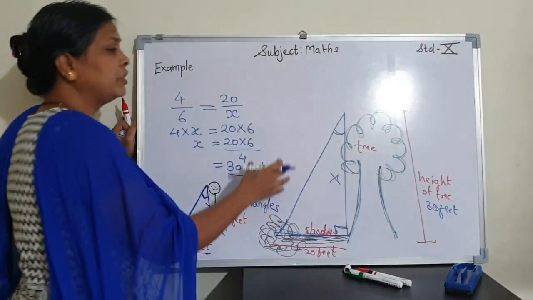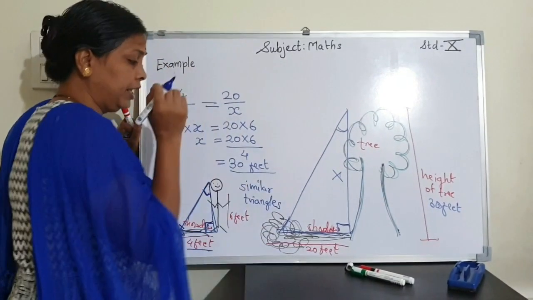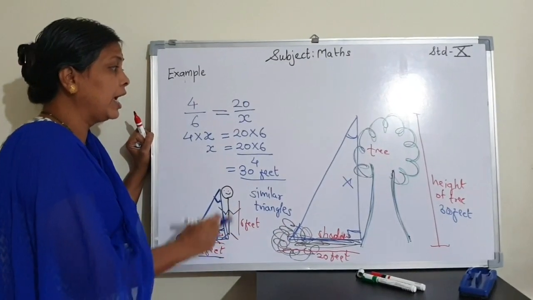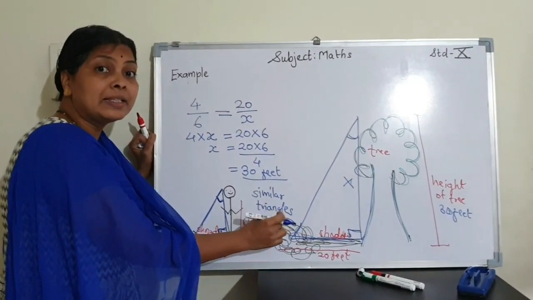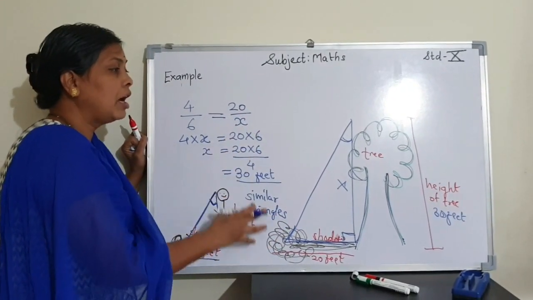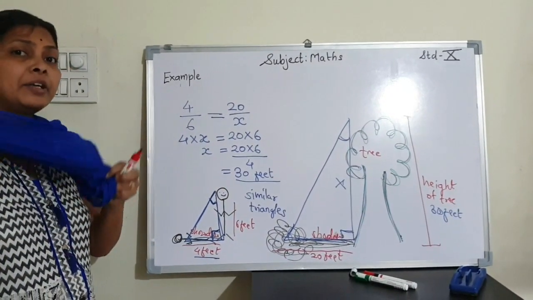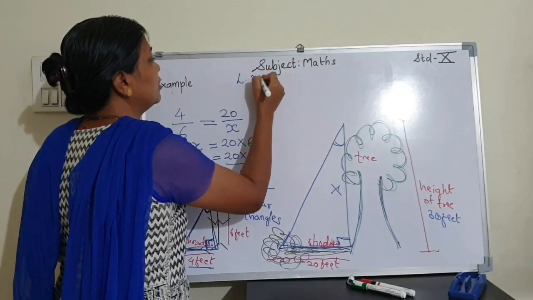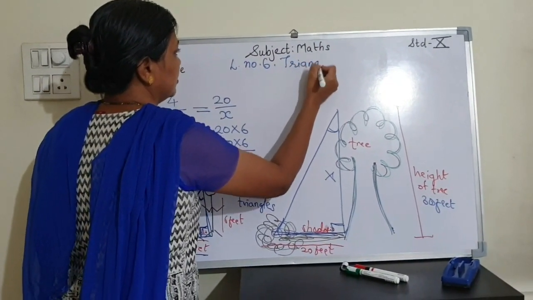So without actually measuring the height of the tree, we have found the height of the tree with the help of the similarity of triangles concept, right? So now you must have understood which lesson we are going to start today. That is lesson number 6, triangles.